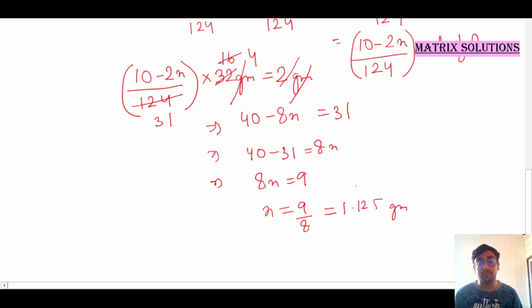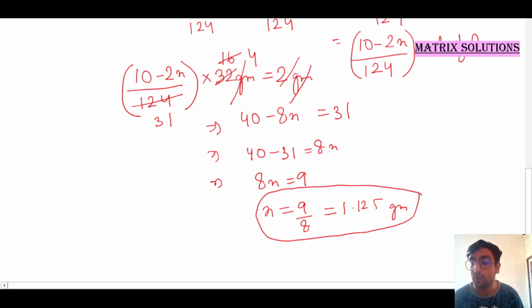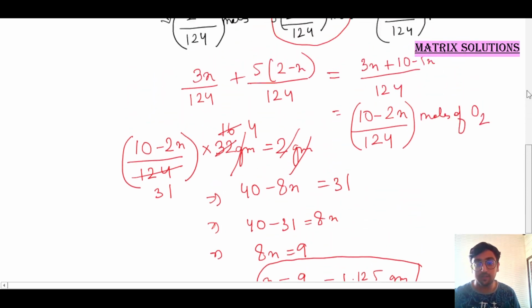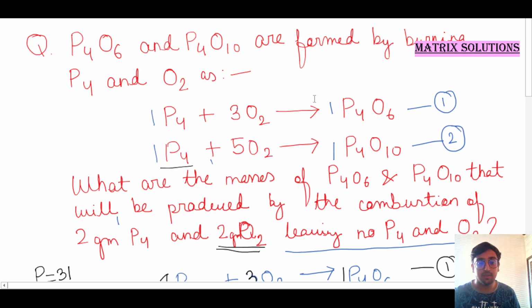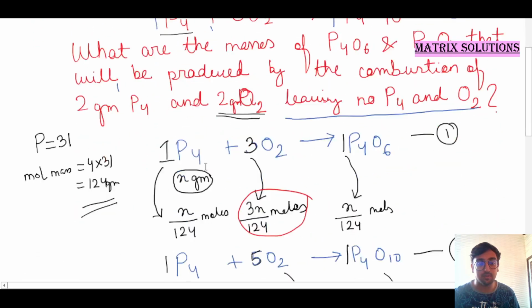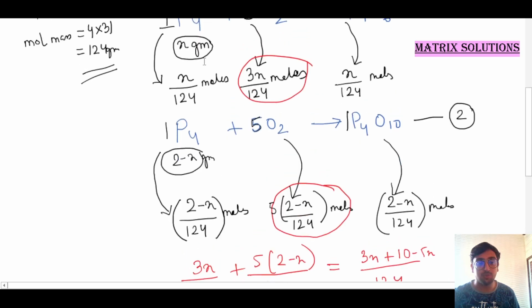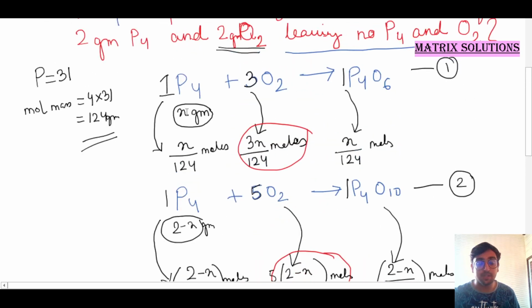What does this mean? x equals 1.125. Think carefully. That means in the first reaction that I have given, x gram is being used. In the first reaction 1.125 is being used, and in the other it becomes 2 minus x, which is 2 minus 1.125.